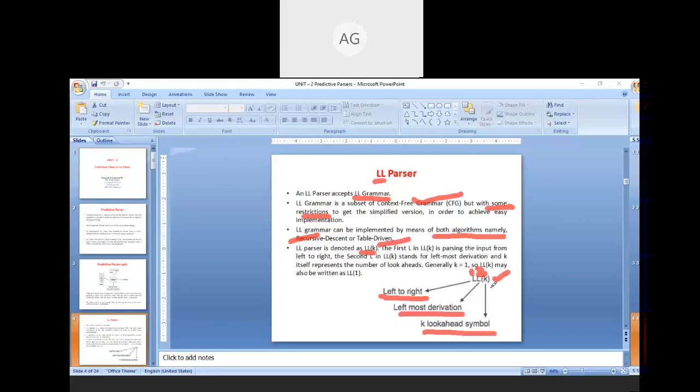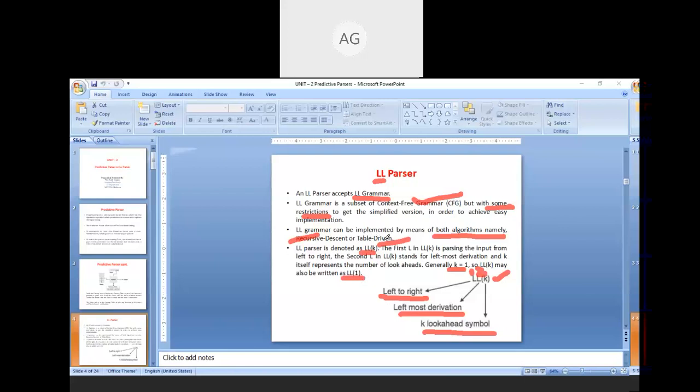It suggests how many look ahead symbols we need in this particular language. Generally K is equal to 1, so LL(K) is also written as LL(1) if the value of K is 1. And LL(1) grammar is in your syllabus.